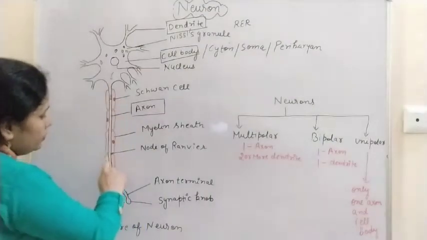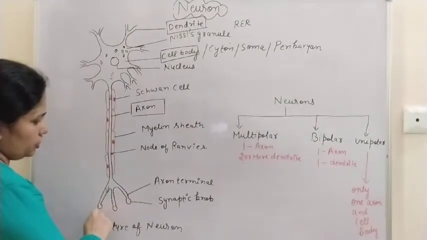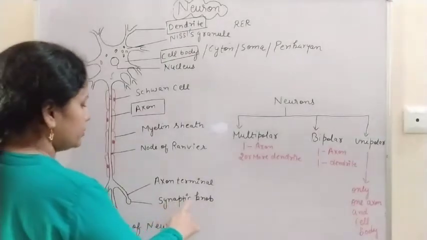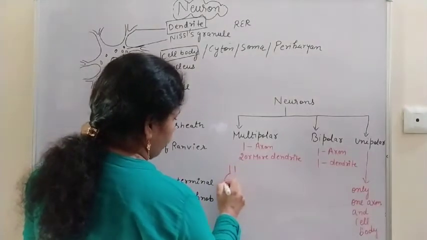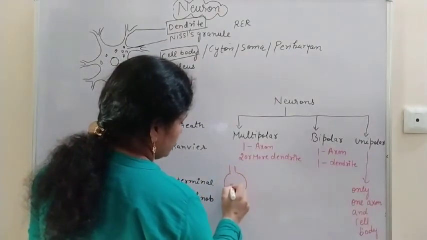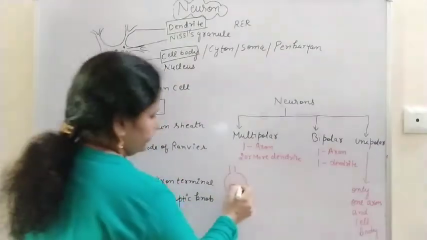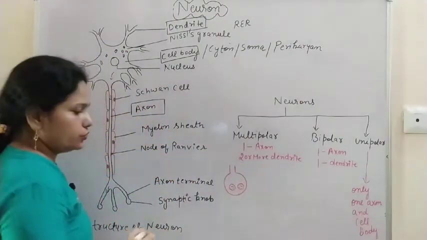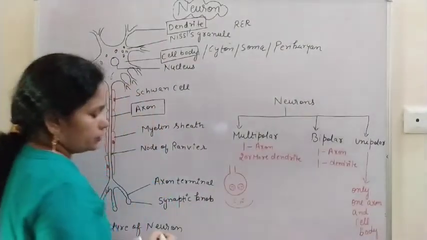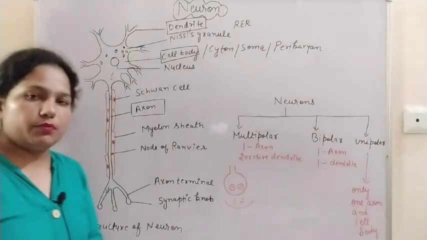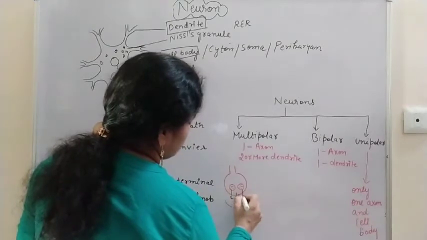So it is a long fiber ending into a knob-like structure, and that knob is the synaptic knob. This synaptic knob has vesicles, and in these vesicles neurotransmitters are present, and these neurotransmitters are released at the synapse during the transmission of the message or the chemical impulse, because these chemicals are released from these vesicles.